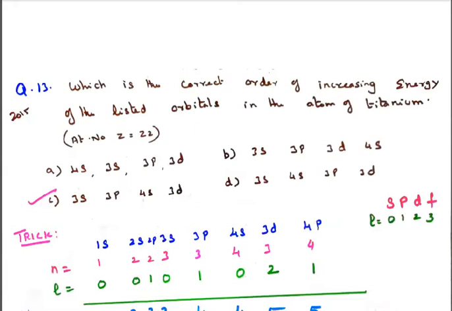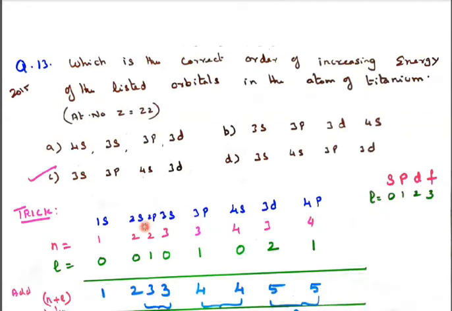Here L is equal to, as I already told you, take s, p, d, f: L is equal to 0 for s orbital, 1 for p orbital, 2 for d orbital, 3 for f orbital. These are the L values, the azimuthal quantum number.